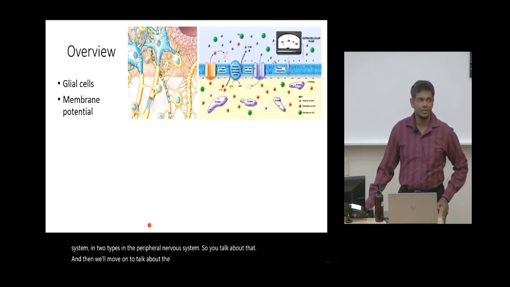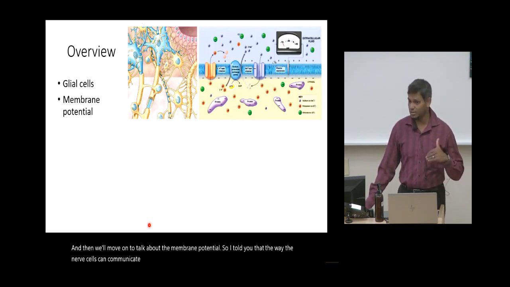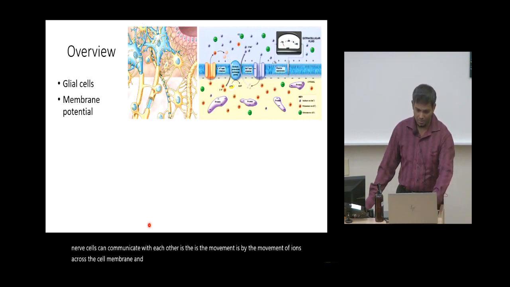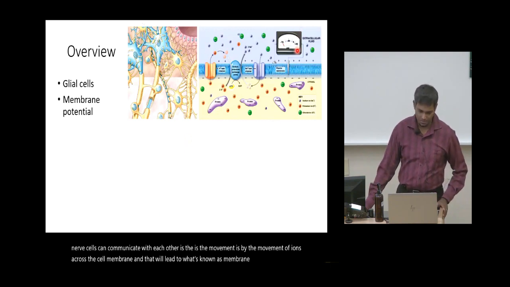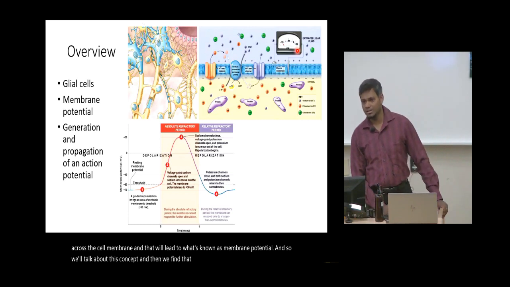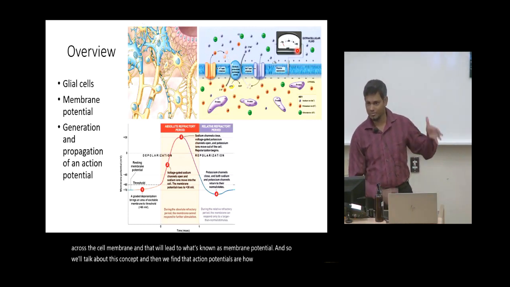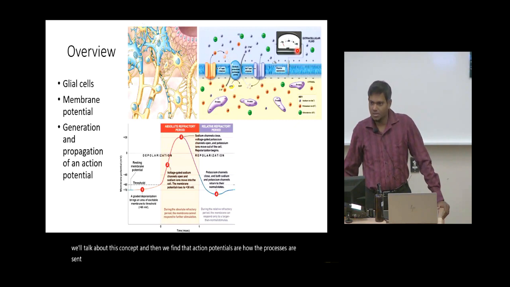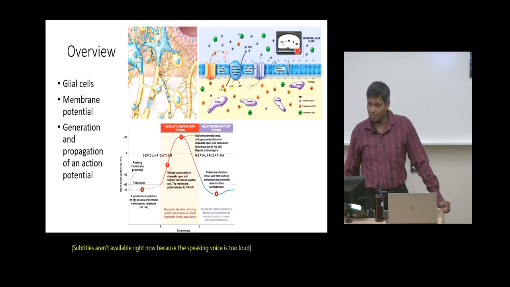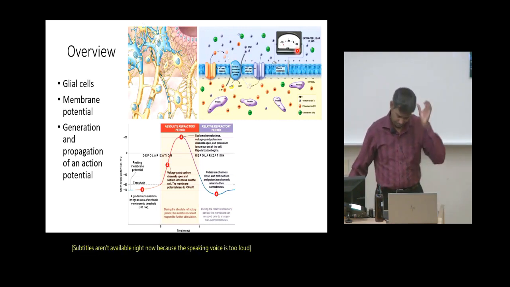I told you that the way the nerve cells can communicate with each other is by the movement of ions across the cell membrane, and that will lead to what's known as membrane potential. We'll talk about this concept, and then we find that action potentials are how the nerve impulses are sent from the cell body all the way to the synapse. We'll see how action potentials are generated, and eventually how they can be propagated along the axon as well.